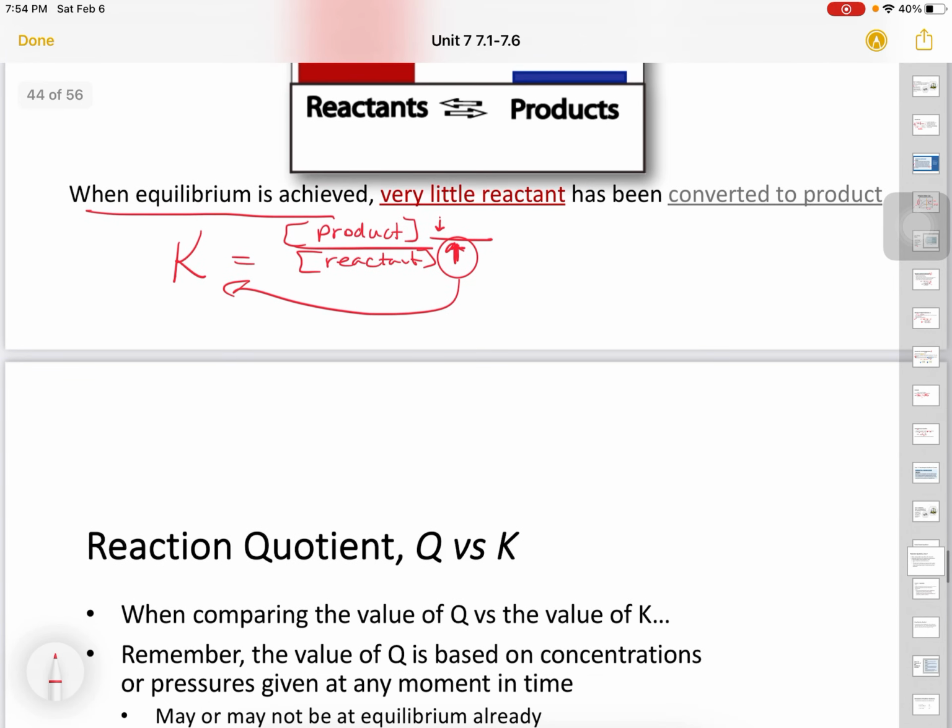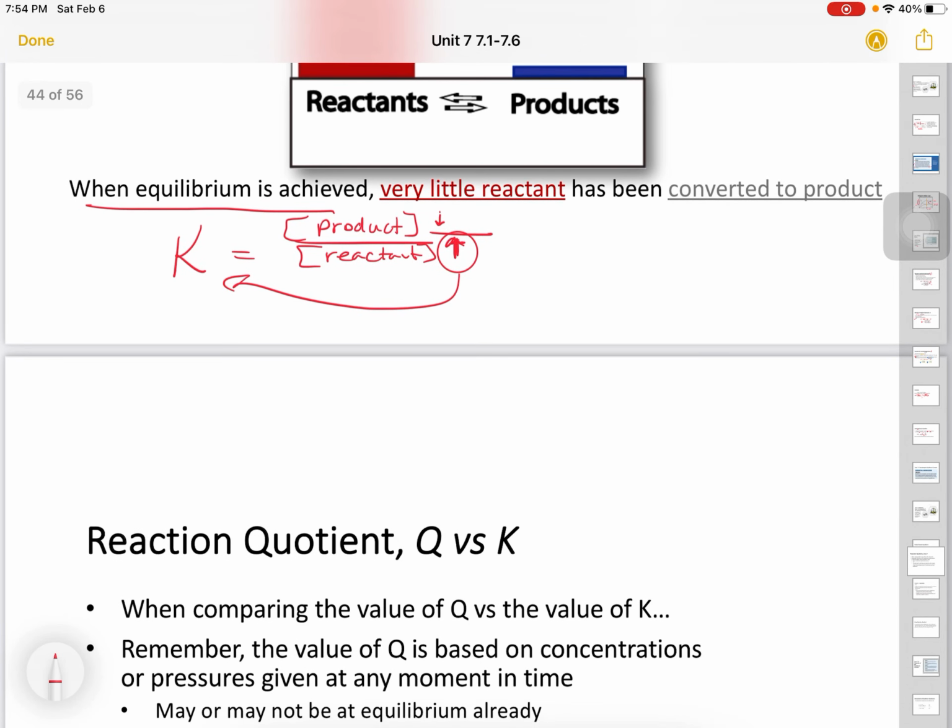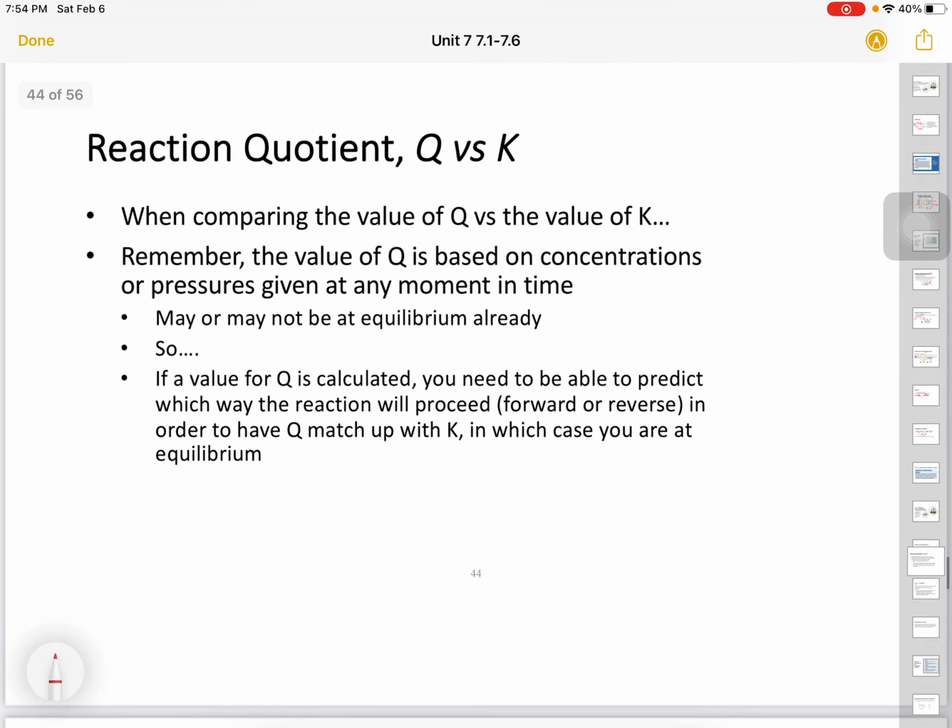And those values can vary wildly. You can have something that is 10 to the 53rd power. That would tell you that at equilibrium, I basically only have product. I have no reactants left. But I could also have a very small K value, 10 to the negative 20th, which means that once it establishes equilibrium, I still have a ton of reactant. It barely did anything at all.